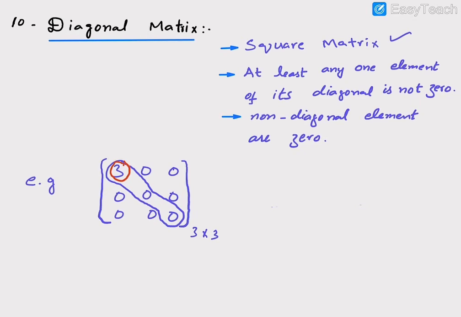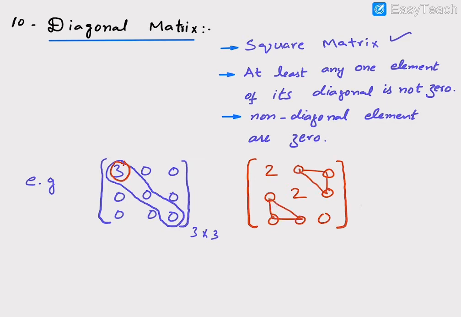See other examples also. I am writing 2 2 0 here, and these are called non-diagonal elements. Third condition is non-diagonal elements must be 0. So non-diagonal elements are 0, and these are the diagonal elements.